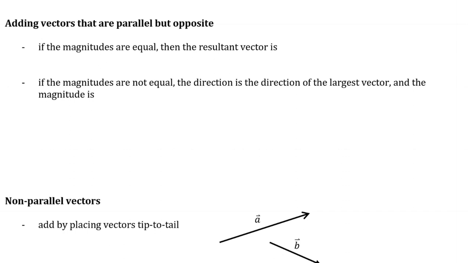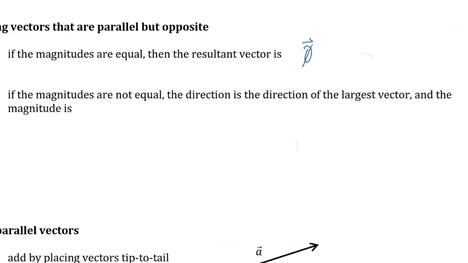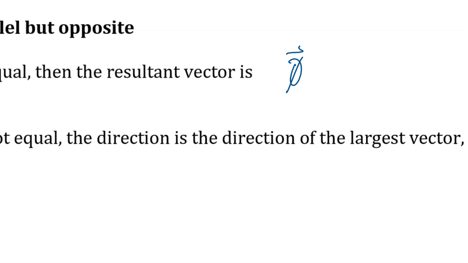Okay, but here's an important definition. If I'm adding two vectors whose directions are opposite, but their magnitudes are equal, that does not result in 0. It results in the 0 vector. So this is very different from 0 because it's a vector.